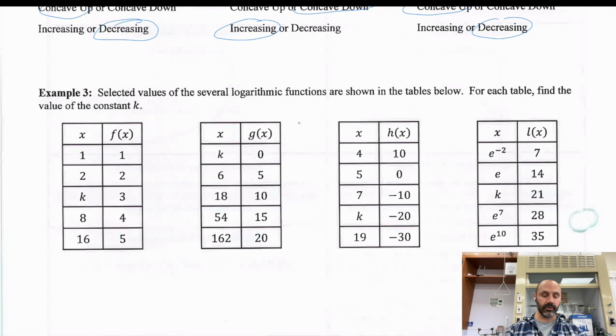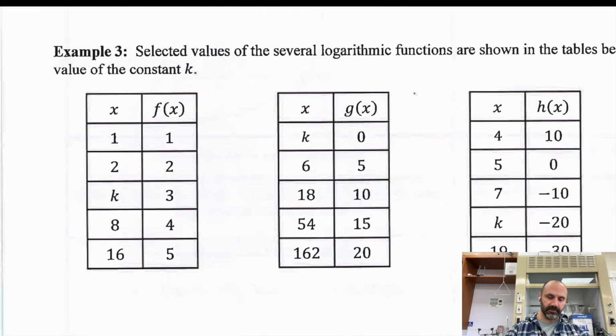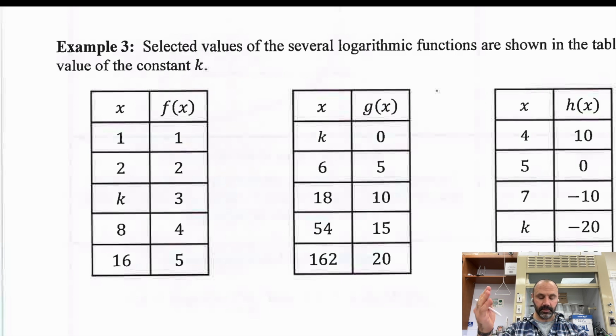Okay, when we get to example 3, all we're doing is trying to figure out the value of k. And the key thing for doing this is remembering that when it comes to exponential functions, the output changes additively, the input changes multiplicatively, right? The inverse of what happens with exponential functions. So in logarithmic functions, we can see the first example, f of x, right? The output is changing additively, but the input should be changing multiplicatively.